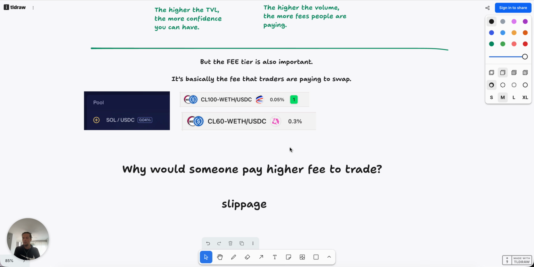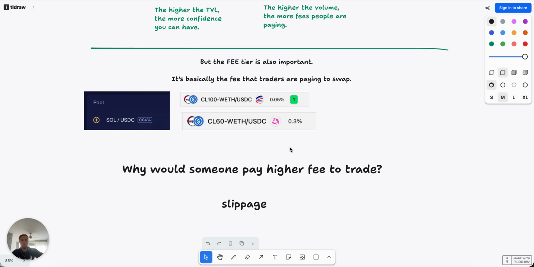This is one of the most common reasons why someone would pay a higher fee: just to get out of the position quicker, because those pools are not so overcrowded. So you pay more, but you get out quicker and smoother. There is less risk of transaction error, there is less risk of higher slippage, etc. You can say it's like a premium way to trade, like a VIP position, so to speak, right?